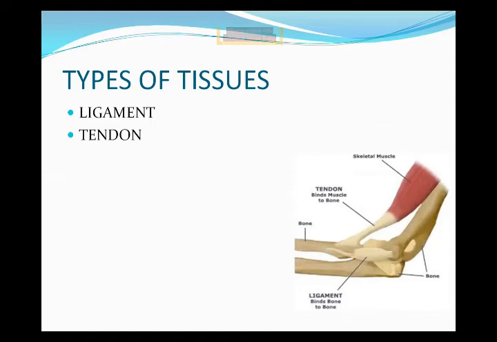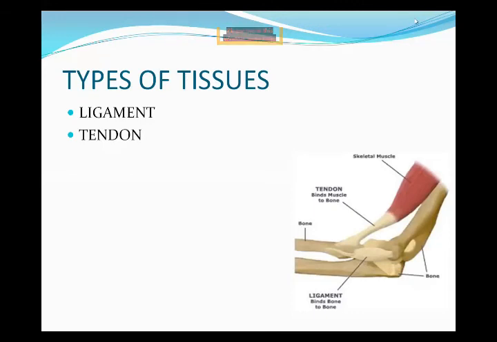You know about the ligament and tendon? Both are tissues. A ligament is a hard strand of sheets of tissue which joins two or more bones together.